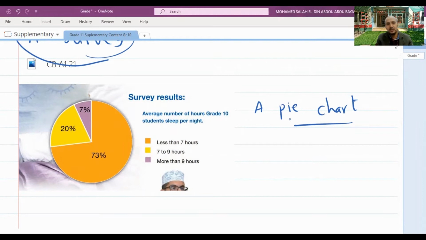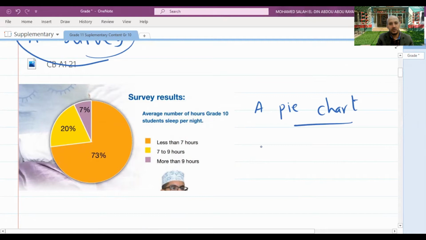What do you understand from it? We made this pie chart from a survey. We did a survey, and from the survey, we had this pie chart.